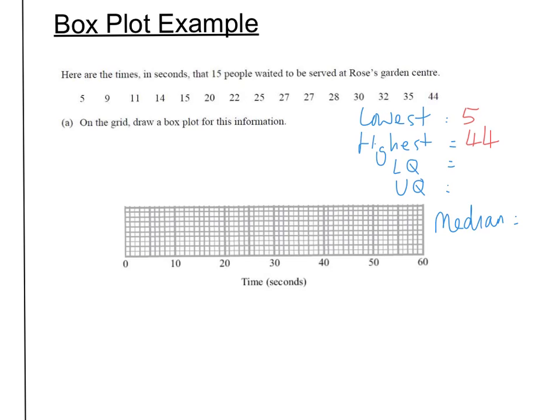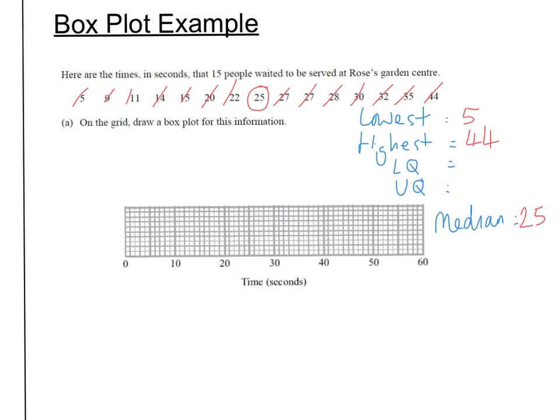Now the next bit I would work out is the median, and 2 ways of doing it. One is you could work your way from the outside like this until you get to the middle value. Okay, and you can see that the median is 25.